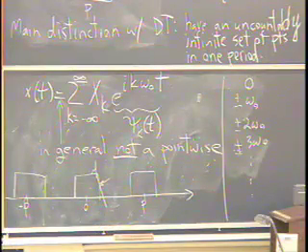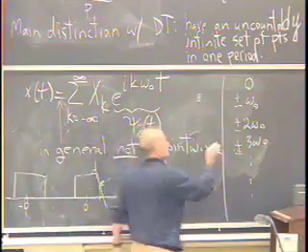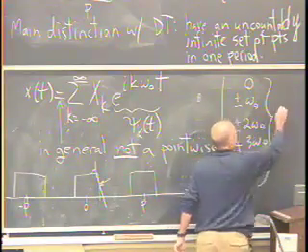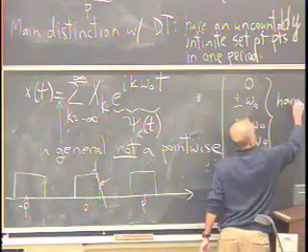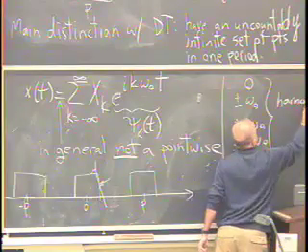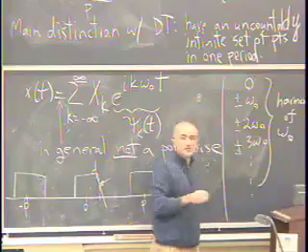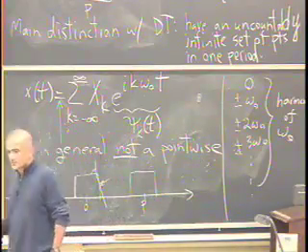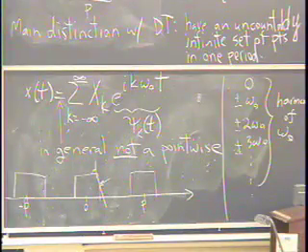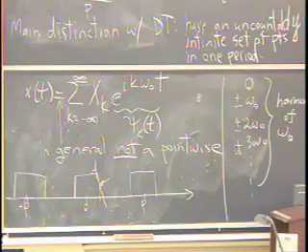And so this harmonic effect is again manifested. Harmonics of omega naught, meaning integer multiples of omega naught, will contribute to the signal. What the coefficients are?